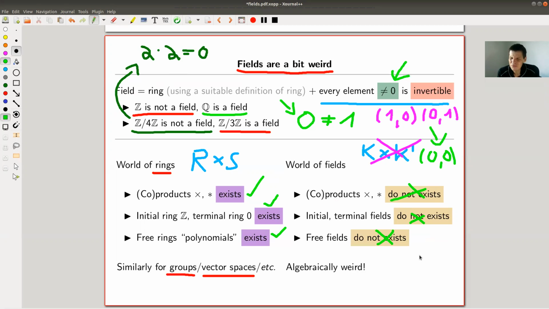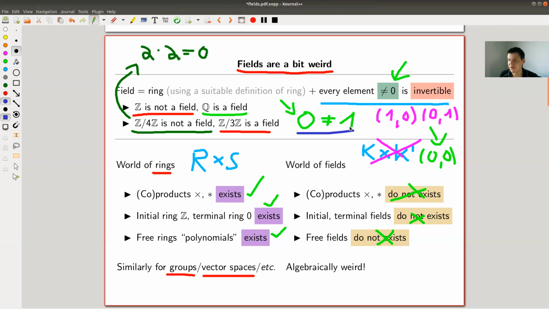So in some sense, the world of fields is algebraically really weird, which you can now say, oh, that's bad, I don't want to study fields, fields are strange. Or you can say, ooh, this is cool, fields are interesting, so let's study fields. But anyway, keep in mind that fields are a bit special because of those slightly asymmetric properties you would assume on a field. Let me repeat them.